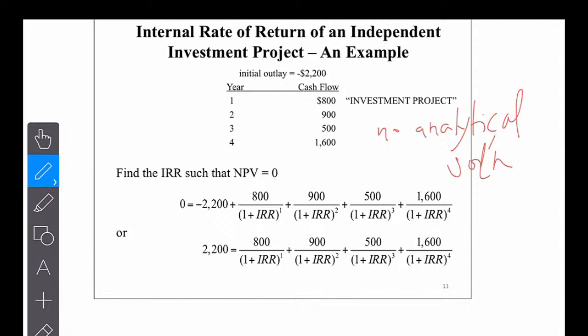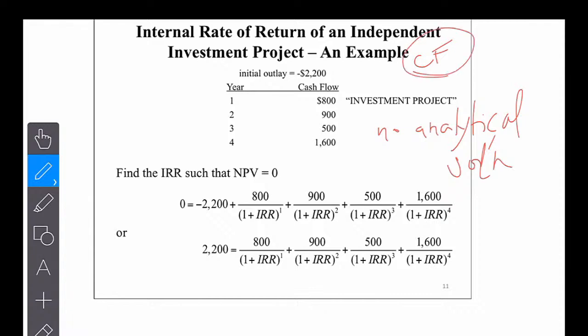So you begin by hitting CF0, remember? Just hit CF, and that will remind you.